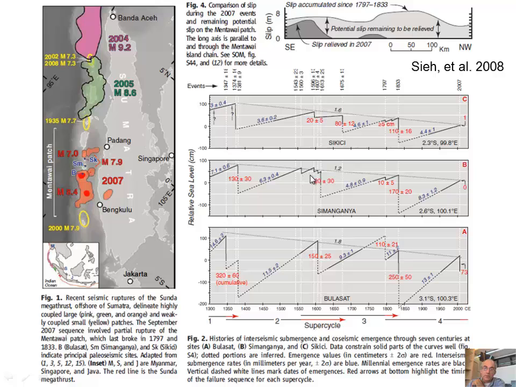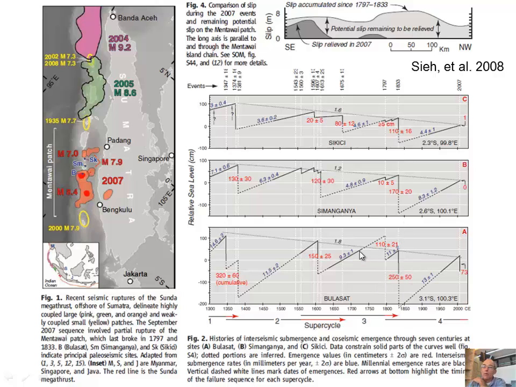You see this here at this site. And then same before 1833, there were several more moderate earthquakes, like this 1797, which was maybe a little bit larger in the south.